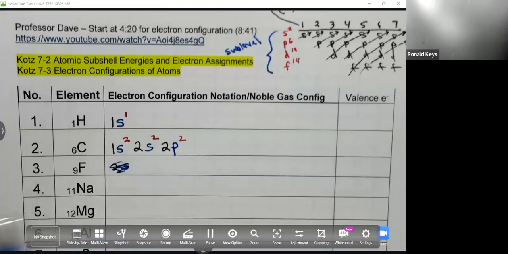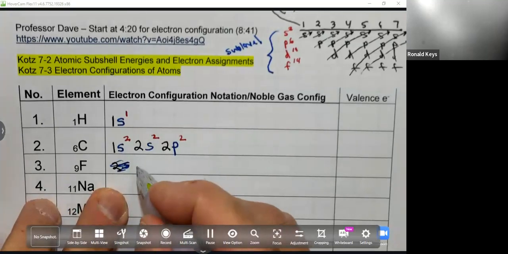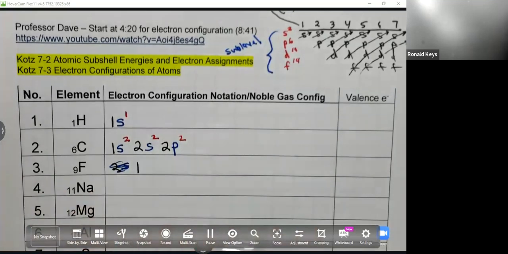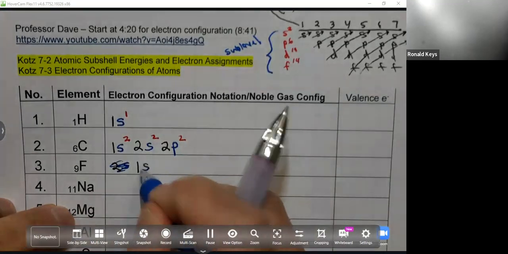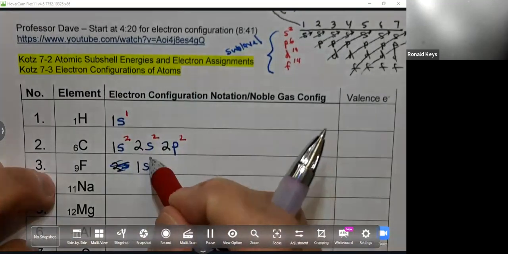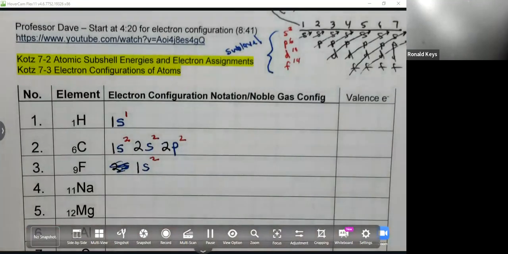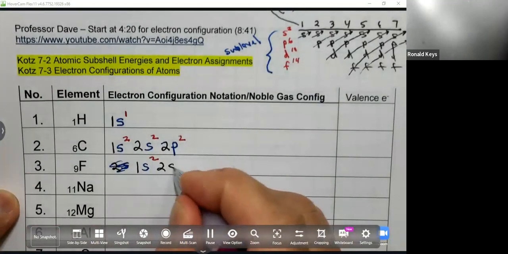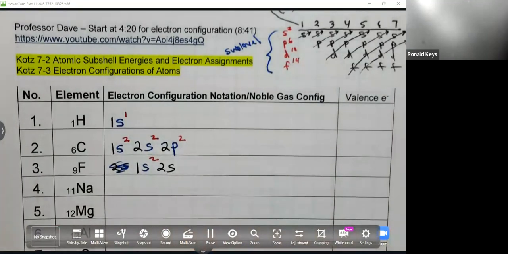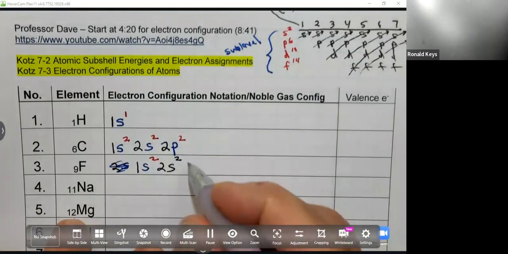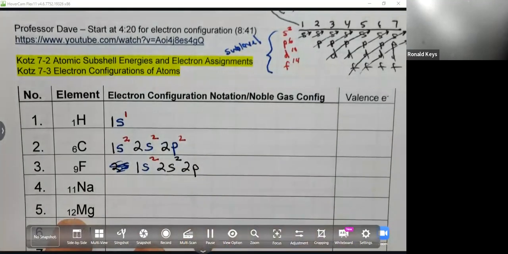Now let's do fluorine. Fluorine, we're going to have 1s2, 2s2, 2p.